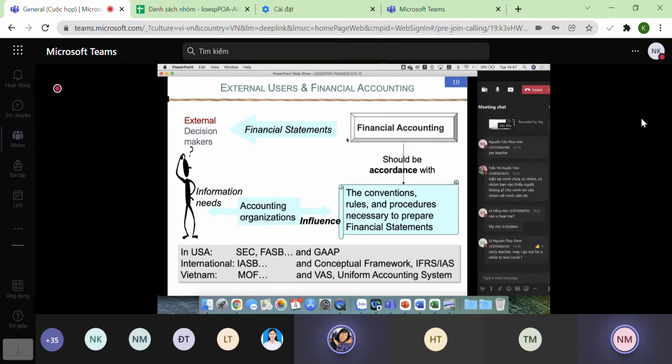But the one who has the responsibility to provide financial statements to the external user is the director of the company. To distinguish: the accountant prepares financial statements, but the director has the responsibility to provide them to the external user.